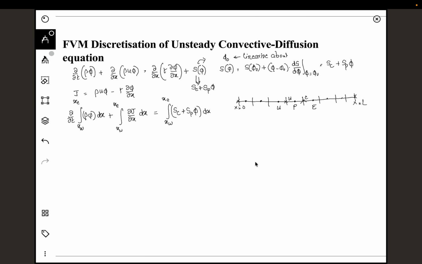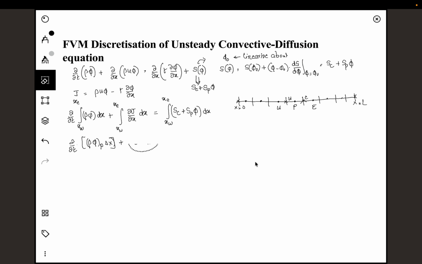Now we can use the mean value theorem and the gradient approximation that we discussed last week. With the mean value approximation, we get the first term as del t of rho phi evaluated at point P times delta x, plus the derivative of this, which will be J east minus J west, times the corresponding area.